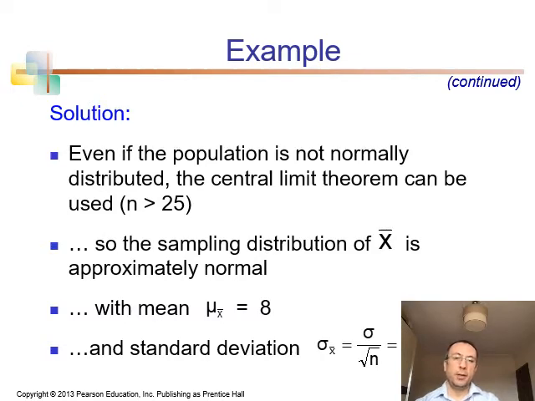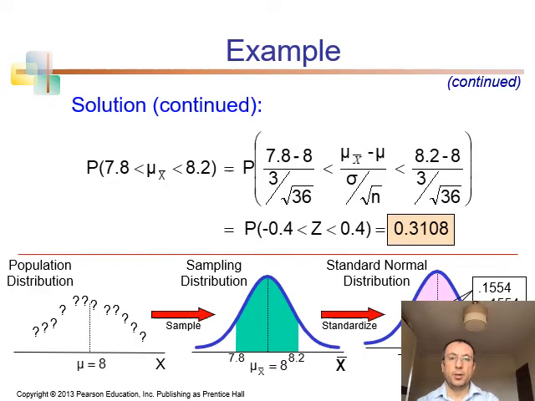So the mean equals 8. Standard deviation equals sigma over square root of n. So the probability that the sample mean is between 7.8 and 8.2 can be converted into this notation.